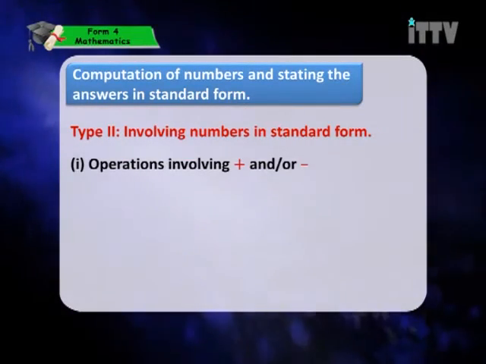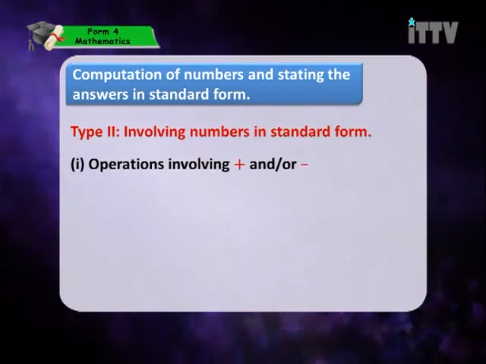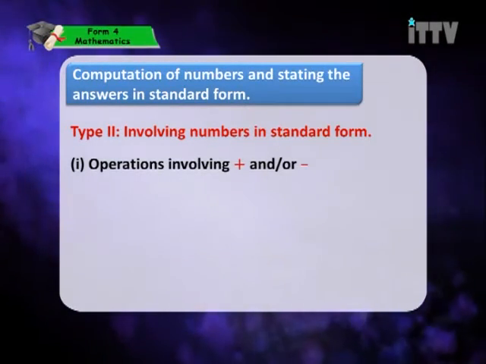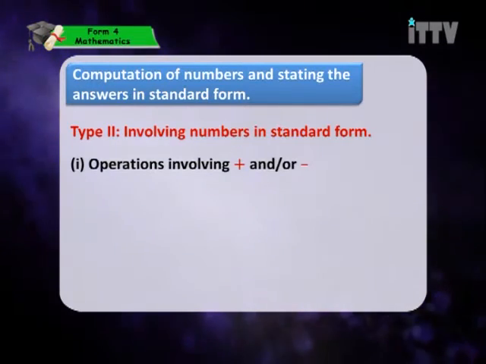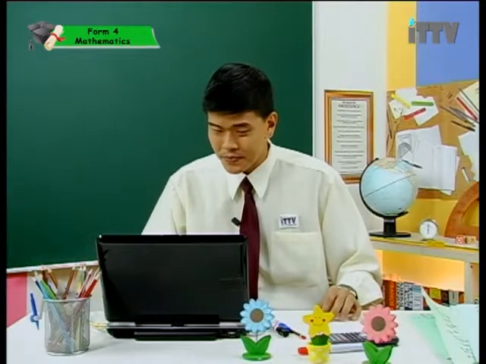In today's lesson, the operations involving the numbers in standard form are addition and/or subtraction. It means that we're going to add or subtract or perform both on two numbers in standard form.